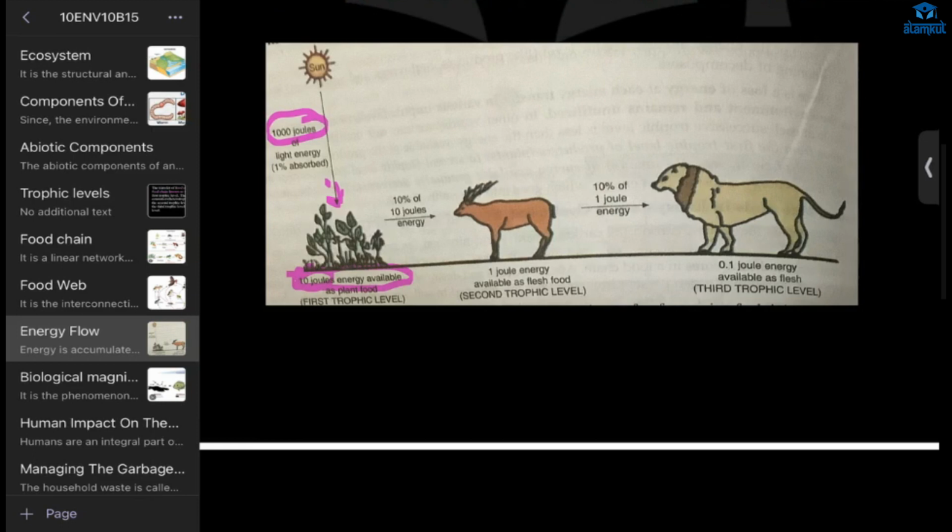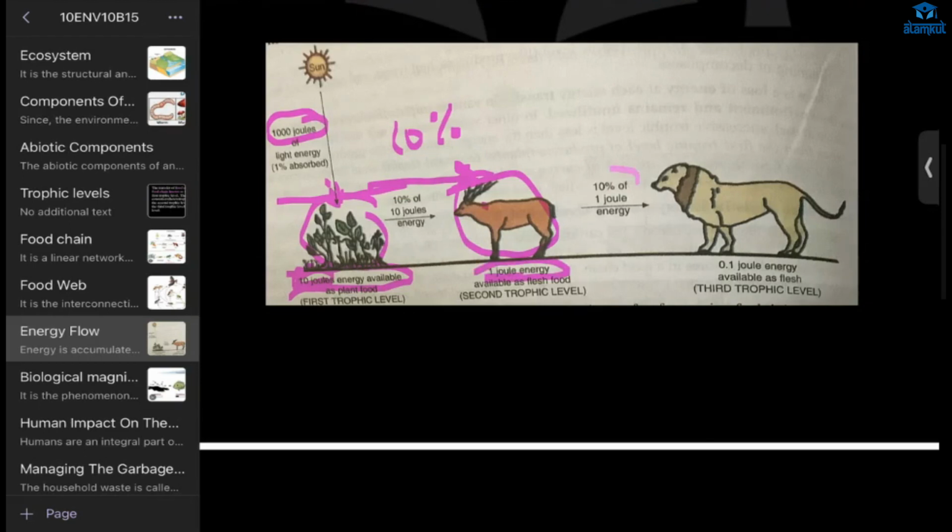Next, from here only the food chain starts, right? From here only the 10% law will apply. So 10% of the 10 joule energy will go to this organism, and so in this organism we will get only 1 joule energy.